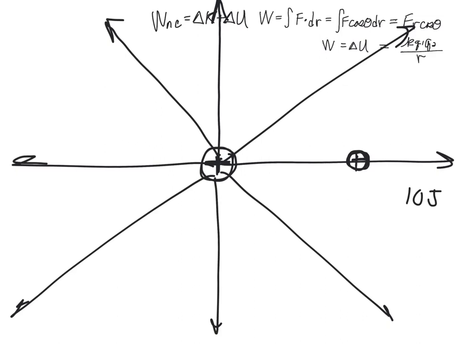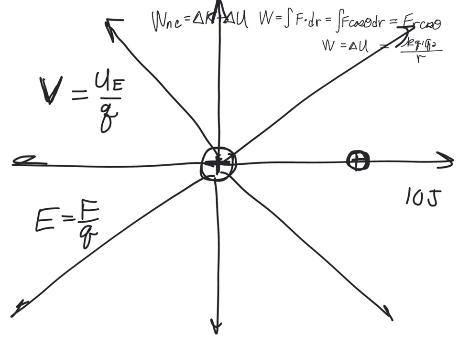So what we want to do is define a new concept called the electric potential. It's like the energy field. Just like we defined electric field as the force per unit charge, the energy field, the V, electric potential, is going to be the electric potential energy per unit charge.